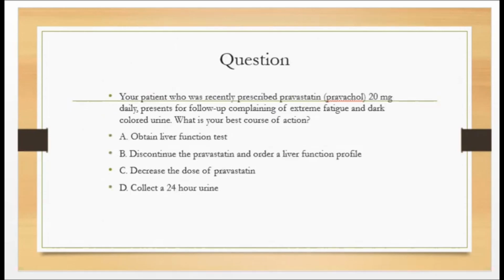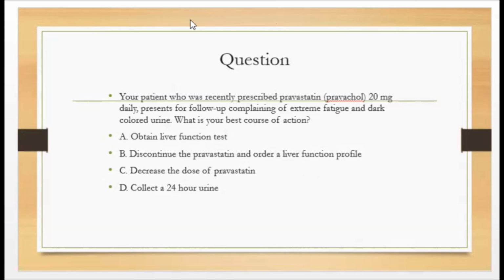Your patient who was recently prescribed pravastatin, which is your statin, okay? Presents for follow-up, complaining of extreme fatigue and dark colored urine. What is your best course of action? So what are we thinking of? Somebody on statin. Remember, somebody on statin. And this patient having dark colored urine, extreme fatigue.